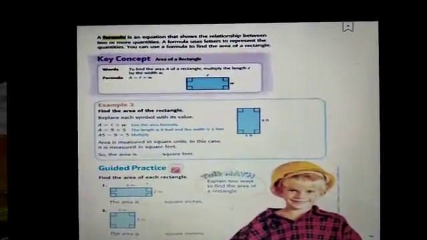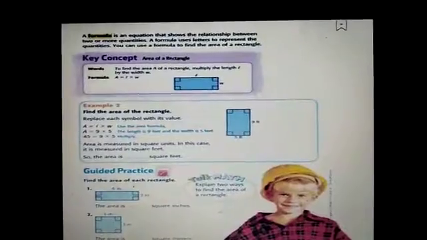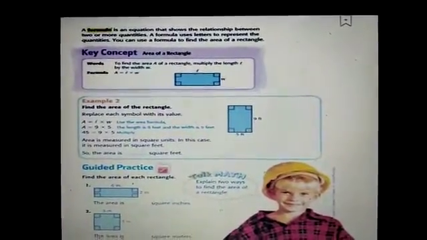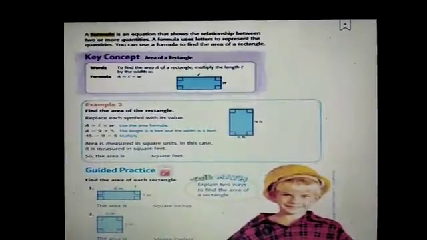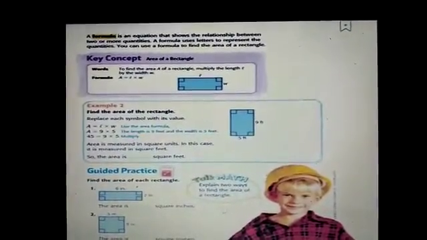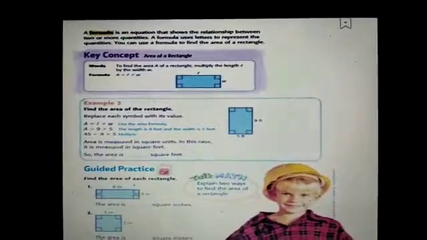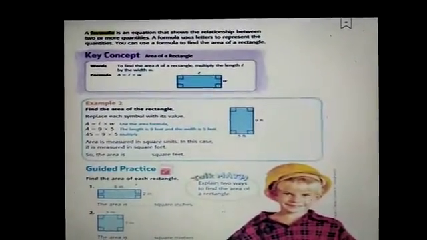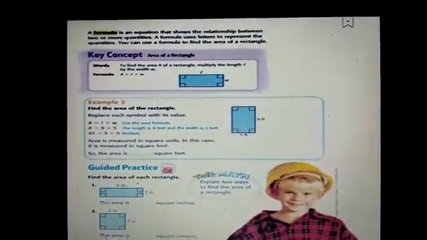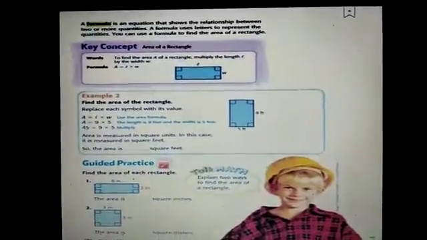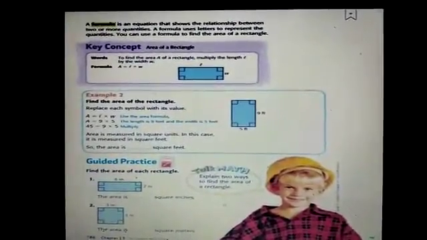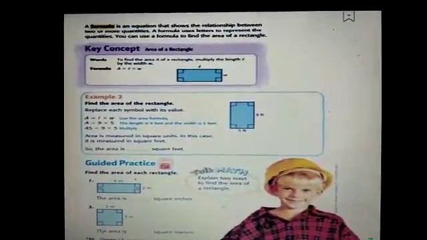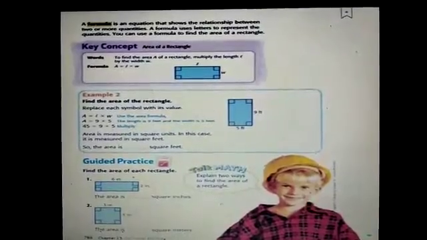This is called a formula: A equals L multiplied by W. In key concepts, area of a rectangle, in words: to find the area A of a rectangle, multiply the length by the width. The formula will be A equals L multiplied by W. You have to remember it well, because you will use this to answer all the exercises about finding the area of a rectangle.